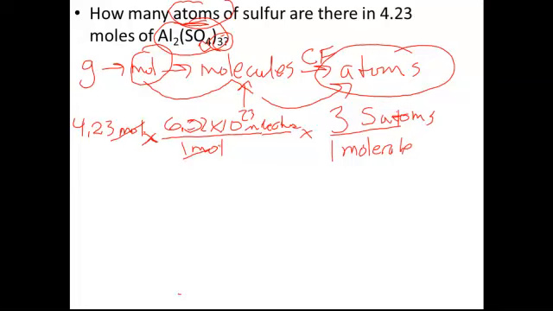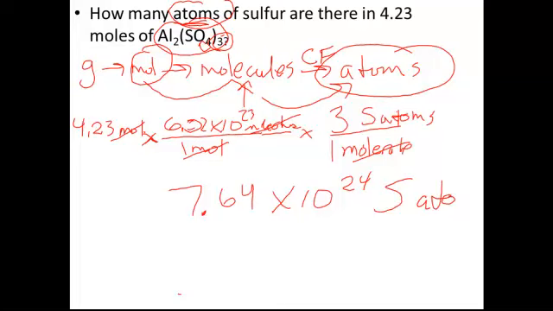Our moles cancel, our molecules cancel. So we're going to take our 4.23, multiply it by 6.02 exponent 23, and then multiply it by 3. And we get a final answer, 7.64 times 10 to the 24th sulfur atoms.